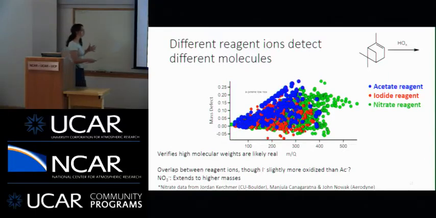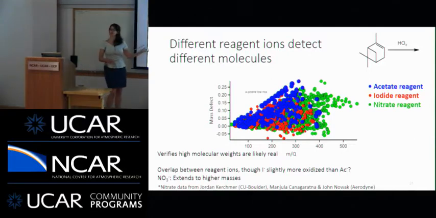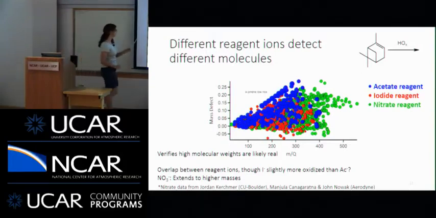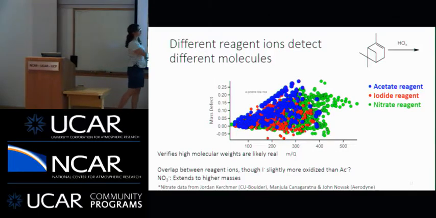We have some overlap with reagent ions, which is great for intercomparison purposes. Our acetate ionization of formic acid intercompares beautifully with our I-, which is reassuring. But there's this question as to how oxidized all of these different molecules are, what they see.